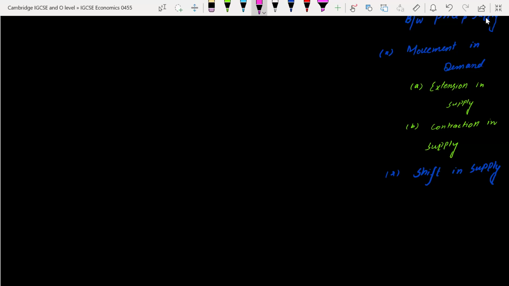Under the head of shift in supply, we will discuss increase in supply, which can also be called outward shift, or next will be inward shift, which we will call decrease. Just keep in mind: increase in supply, and the second one is decrease in supply.